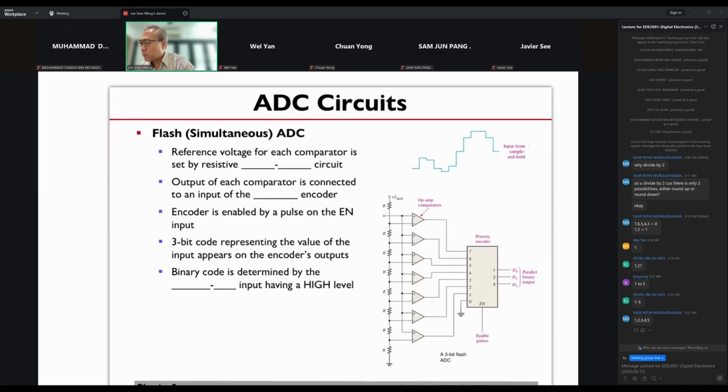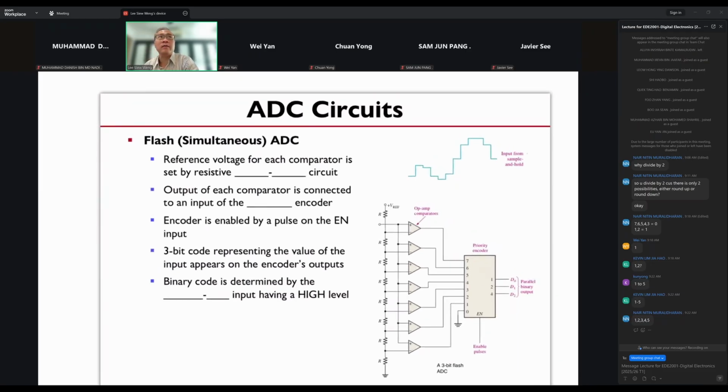Now, a little bit more information about the flash ADC. This part here is what we call a voltage divider circuit. It's dividing the reference voltage into 8. So if it's 8 volts, then each of these will be 7, 6, 5, 4, 3, 2, 1.